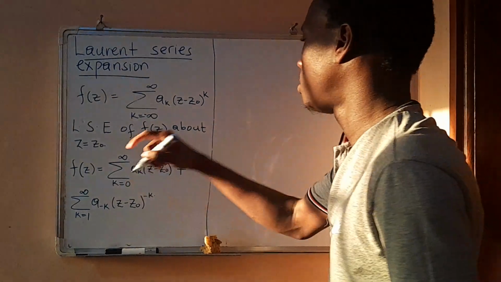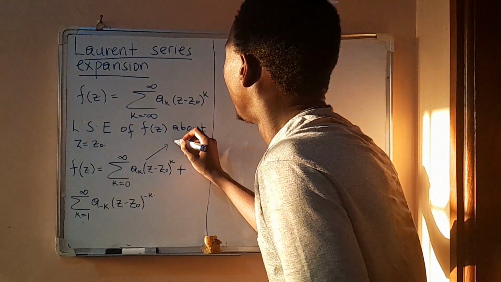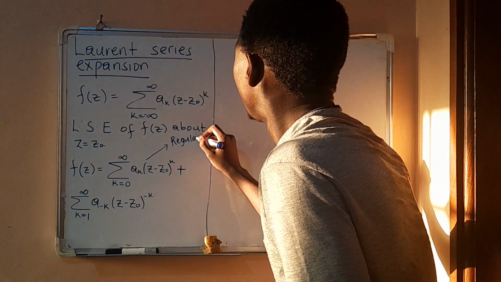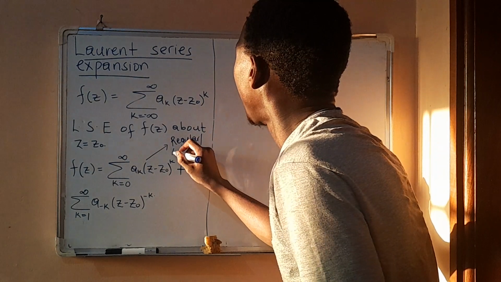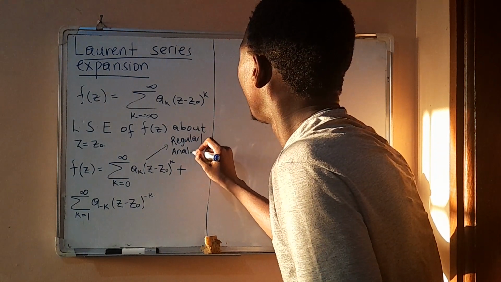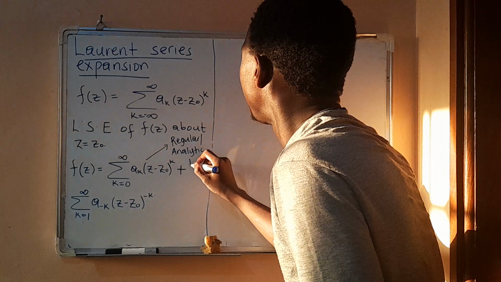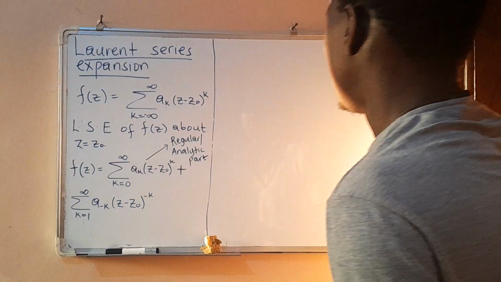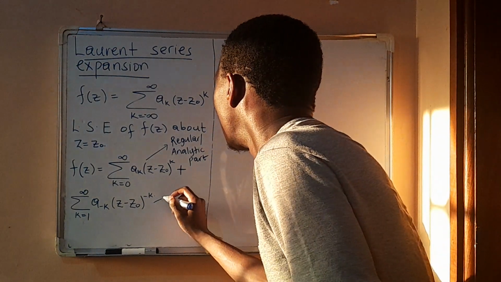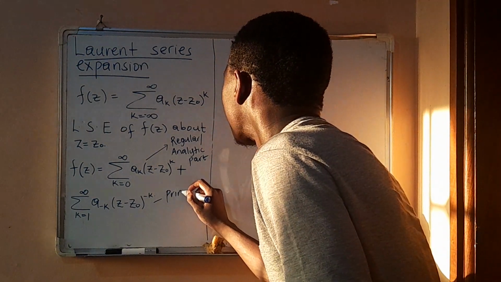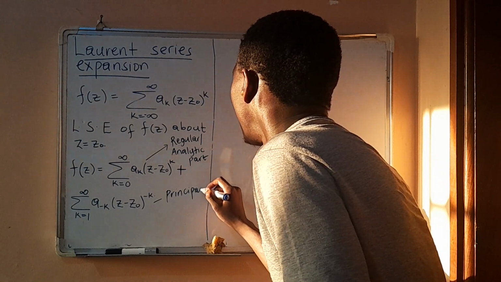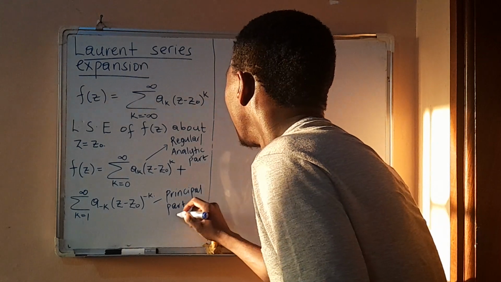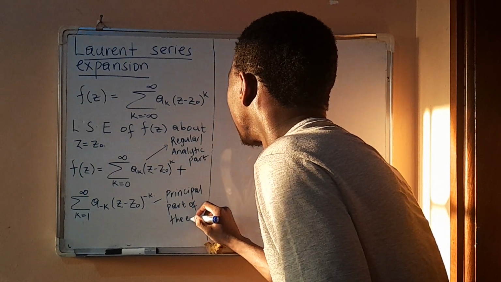This one, from k equals 0 up to infinity, we call the regular or analytic part of the expansion, and we call this the principal part of the expansion.